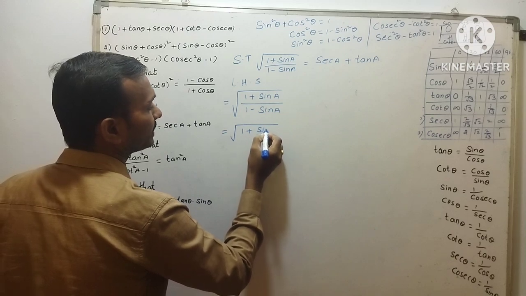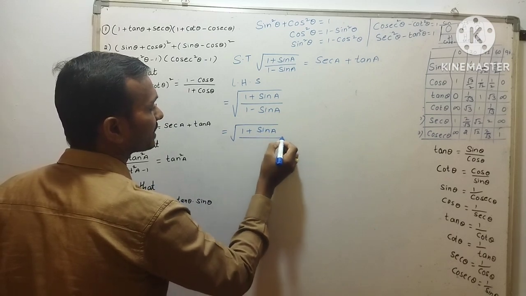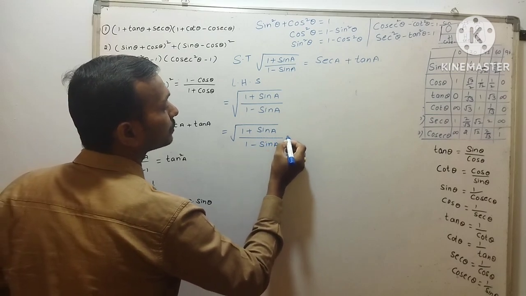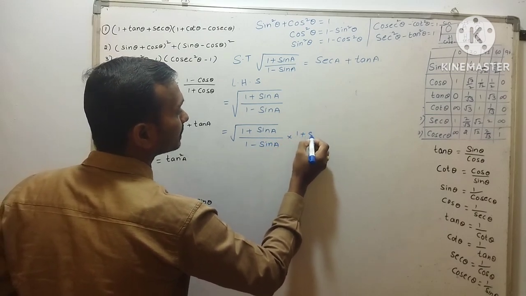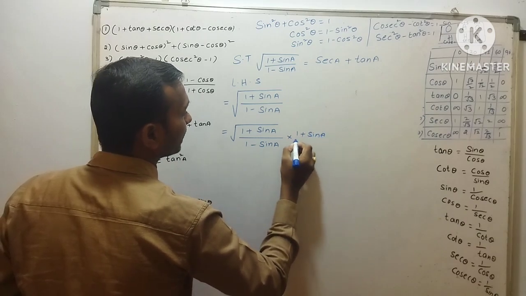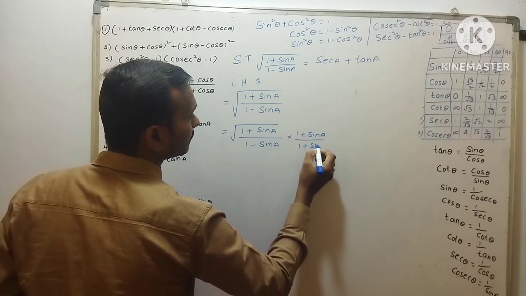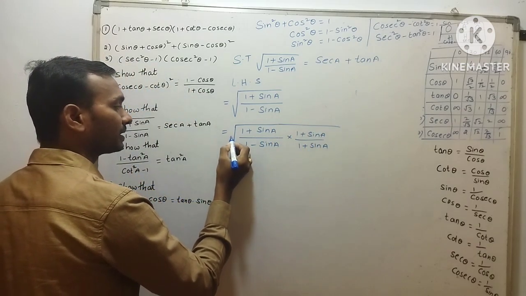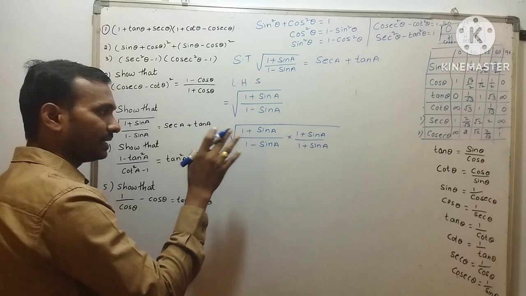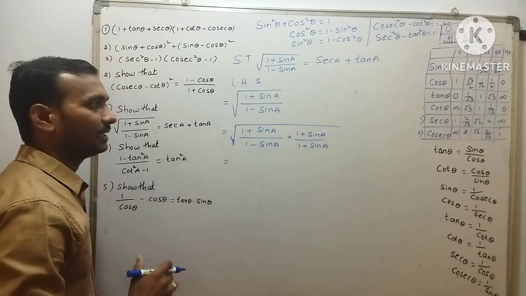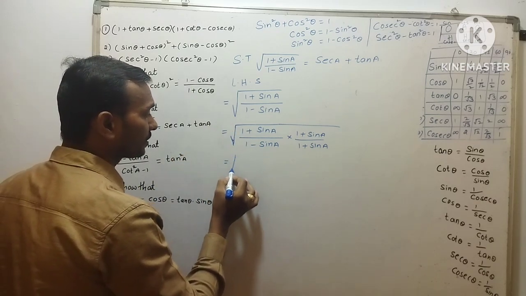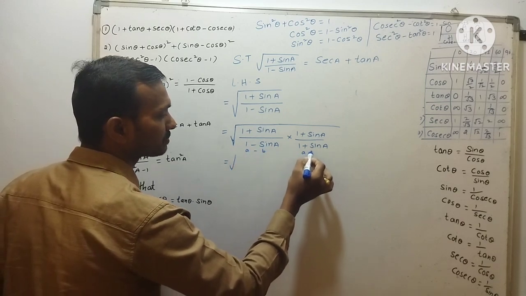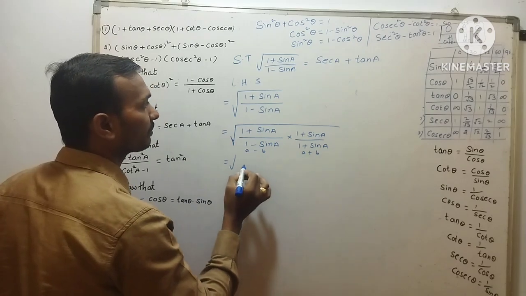So we should multiply the denominator and numerator with the rationalizing factor. 1 minus sin A is there in the denominator, so the rationalizing factor will be 1 plus sin A. So now we are multiplying and dividing the denominator and numerator with 1 plus sin A into 1 plus sin A. Now you see in the denominator it is looking like a minus b into a plus b, that is nothing but a square minus b square.